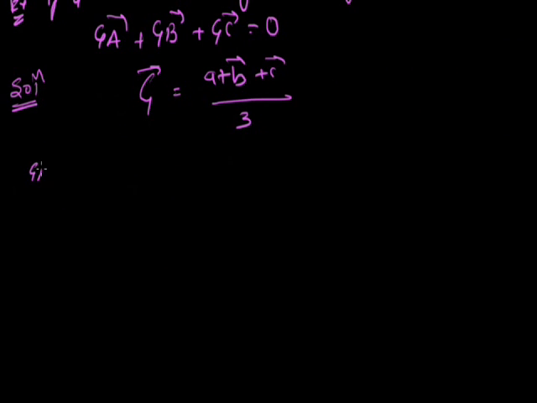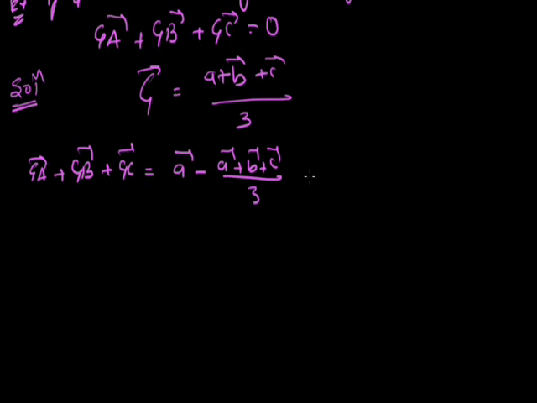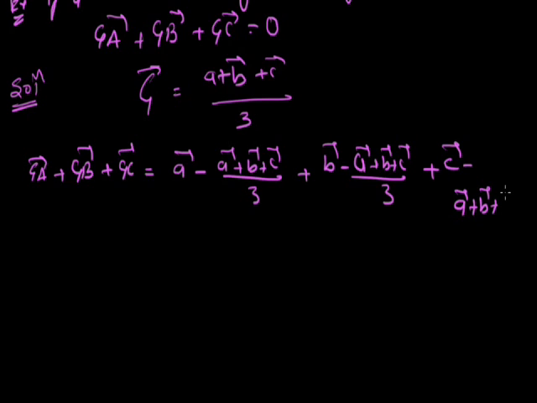So GA vector plus GB vector plus GC vector is A vector minus (A vector plus B vector plus C vector) divided by 3, plus B vector minus (A vector plus B vector plus C vector) divided by 3, plus C vector minus (A vector plus B vector plus C vector) divided by 3. After solving this expression we get 0.